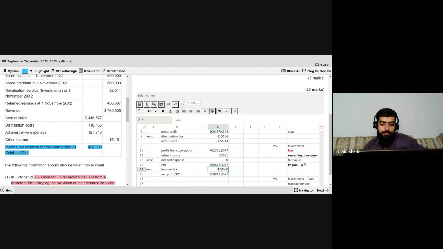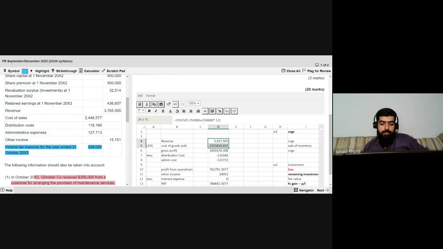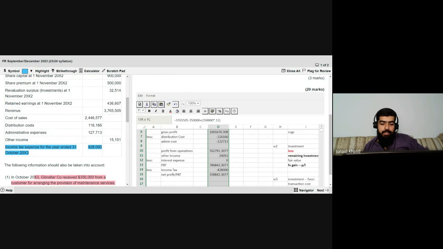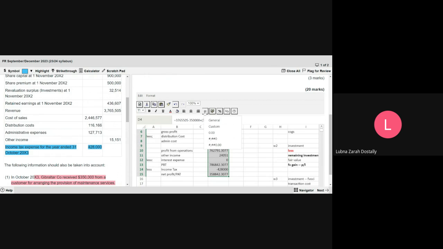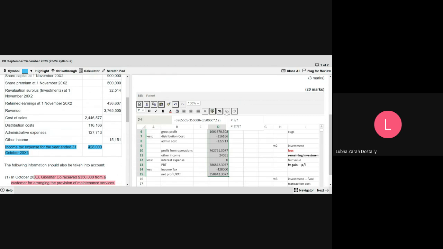Is it clear to you now? One thing that you can do in your exams is select the values at the end and remove the decimals, if you want to. Otherwise, if you don't want to, it's perfectly fine. Are you getting the point?